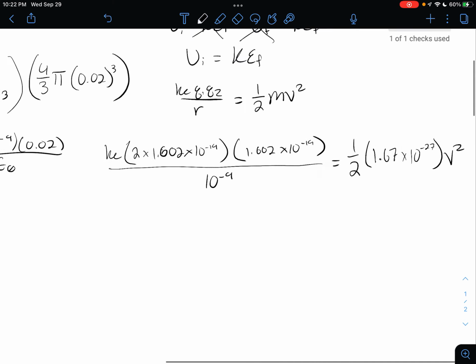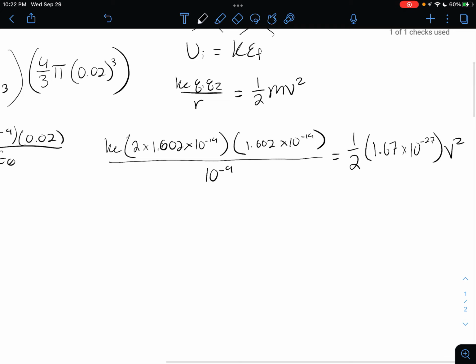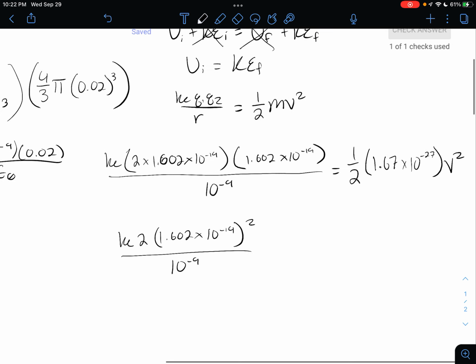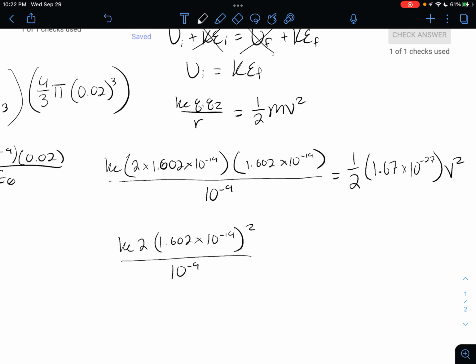Now, if we solve this monstrosity here for v, we're going to get Ke. I'm just going to factor out this 2, so it can be 1.602 times 10 to the negative 19th squared, all over 10 to the negative 9th. And that's if we're multiplying by 2 to get rid of that.